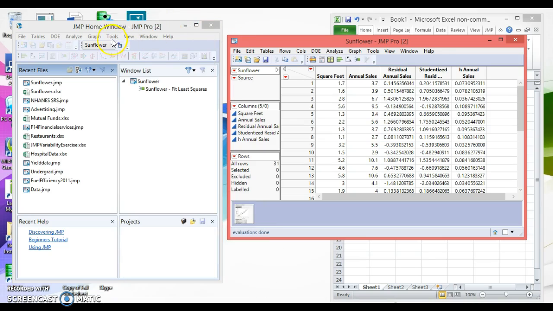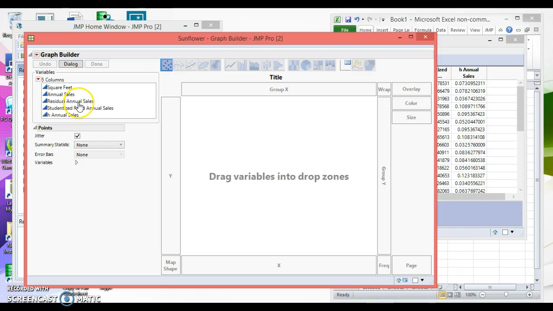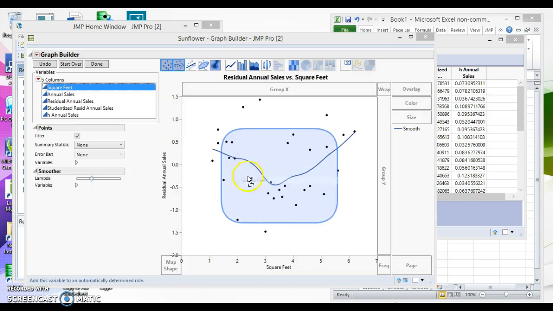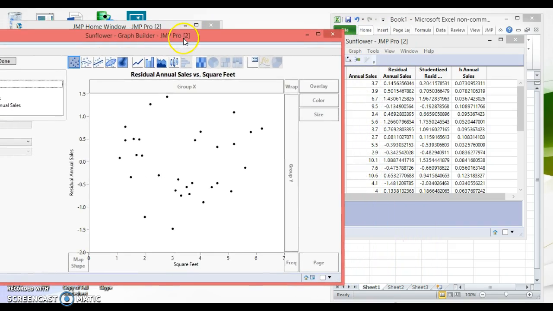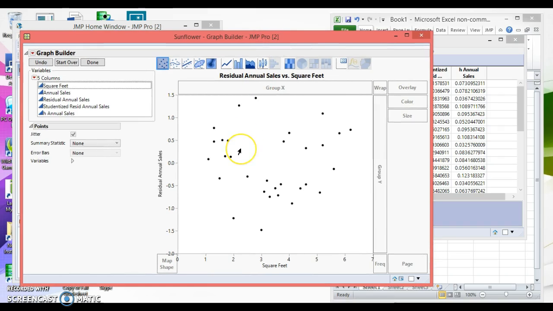So first we are going to go back into Graph Builder, put residual annual sales on Y, and then square feet on X. We're going to remove this squiggly line. And what you're looking for here is, in this case, you do not want any patterns to be seen. So when you have this scatter plot, you're checking for linearity, equal variance, and independence. And it looks like none of the points are really dependent on one another.